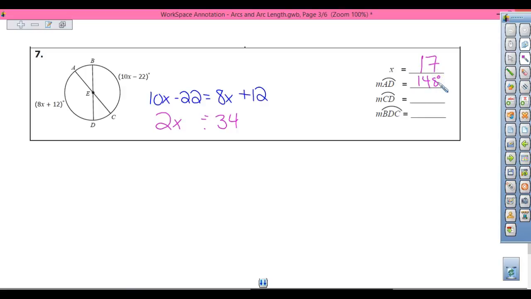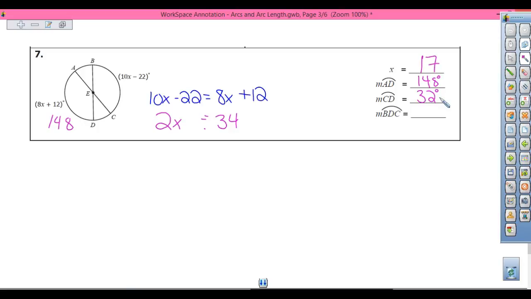That's going to be 148. If that's 148, what does CD have to be? 32? Because together the 148 and CD are going to be 180.